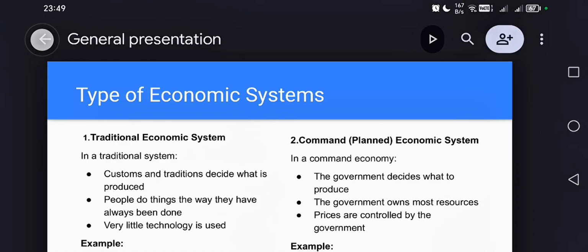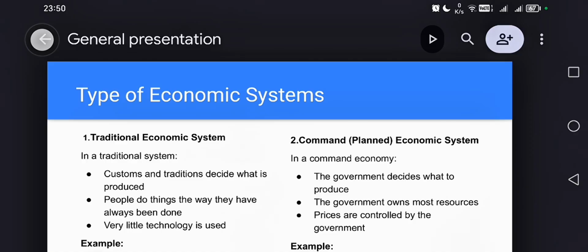They are aware of the duties that they are supposed to do, and they rarely use much technology because they are still based on the traditional methods that their ancestors used when they were producing, whether it's farming. It's common in the rural communities where people usually practice farming based on what their forefathers did in the past.